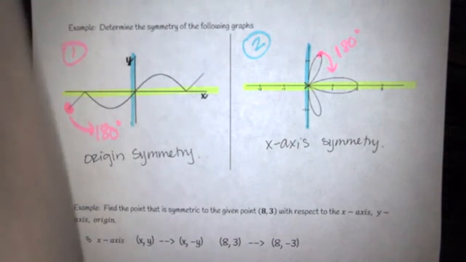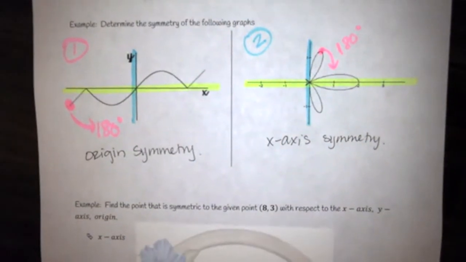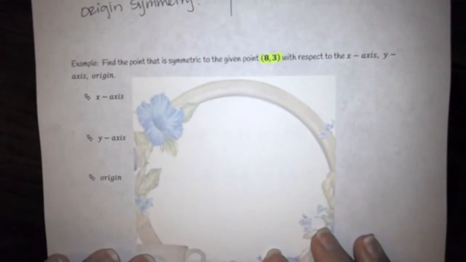Now, the other thing we have is this example. And this example says, find the point that is symmetric to the given point. So the given point is going to be the point 8, 3. And I want you to find its symmetry values with respect to the x-axis, with respect to the y-axis, and with respect to the origin.